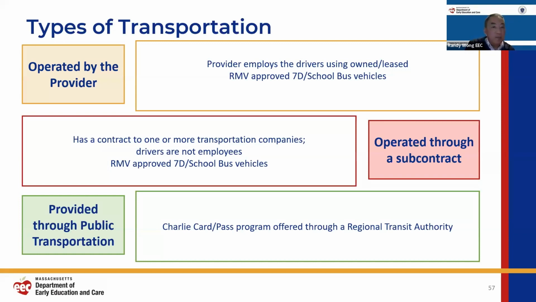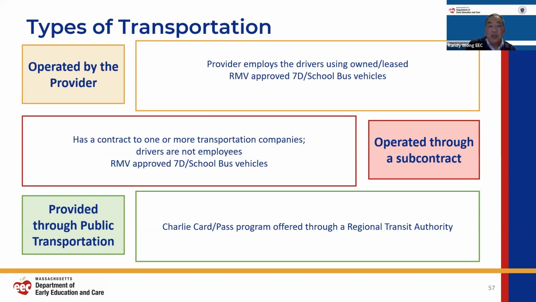Okay, so within the Boston area, because of the availability of different transportation services, bus, subways, trolleys, that may work because those forms of transportation run by where families live, and run by where the child needs to get to. So you don't have to have your 7D van spend 50 minutes going 1.5 miles because of traffic.